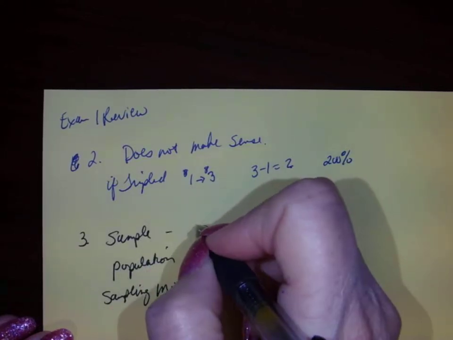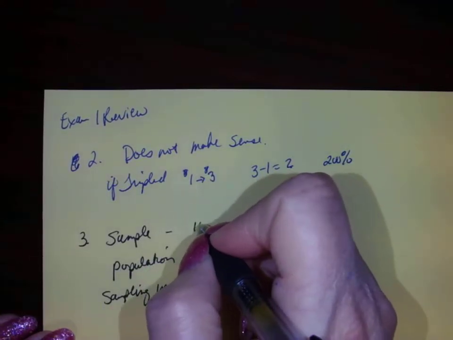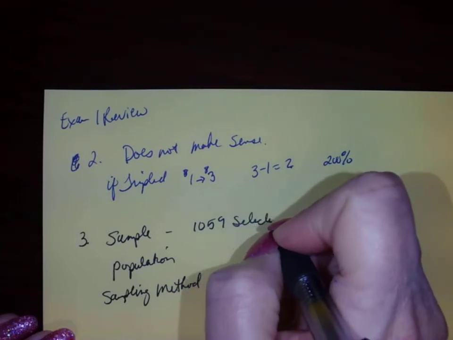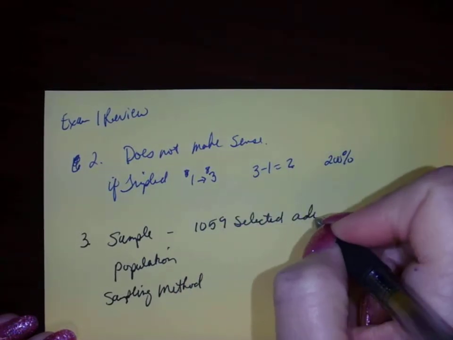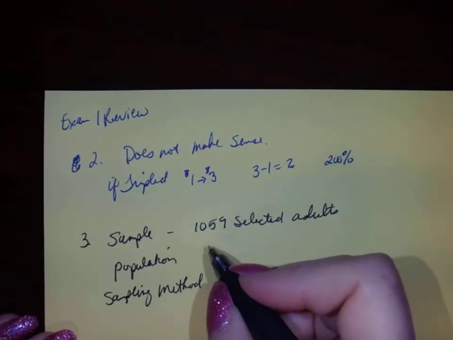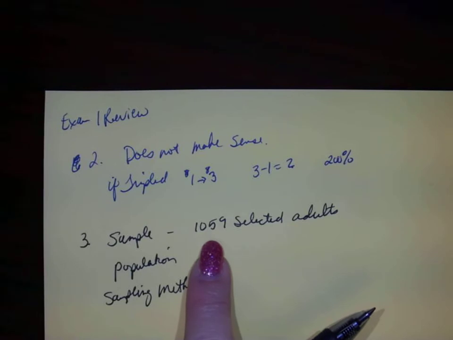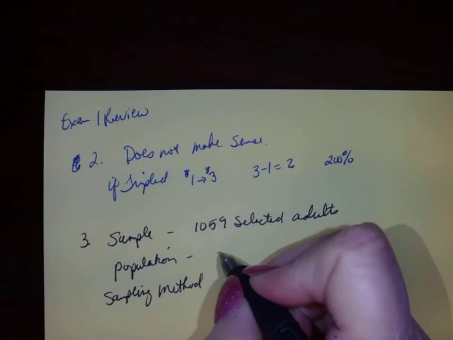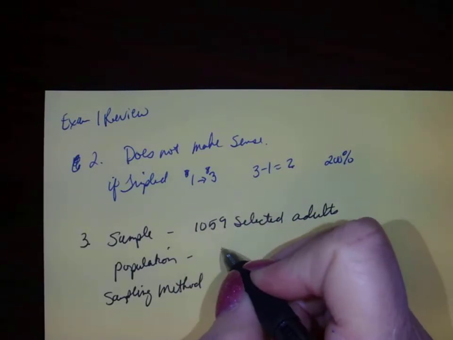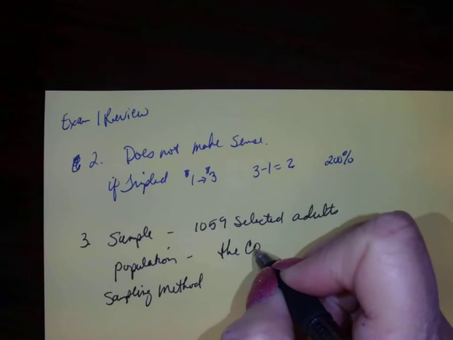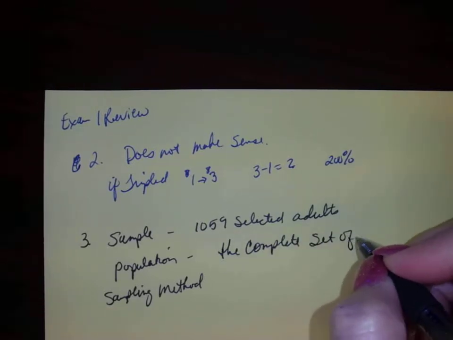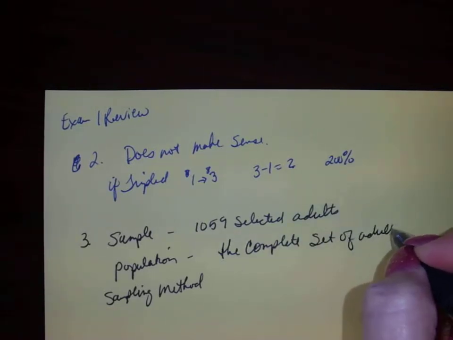All right, so the sample is 1,059 selected adults. So if that's the sample, our population is going to be the complete set of adults. Okay.